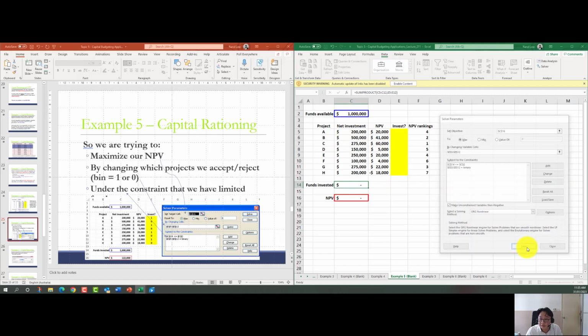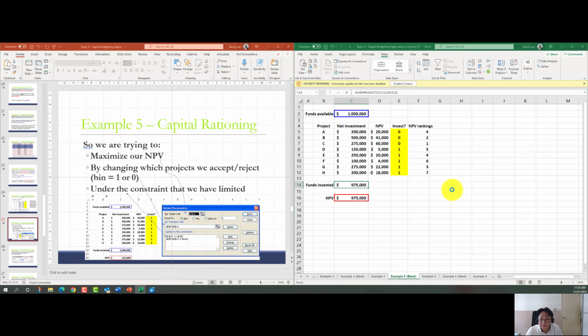Then we click solve. And there we have it. So let us see what is happening right now. Does that make sense?